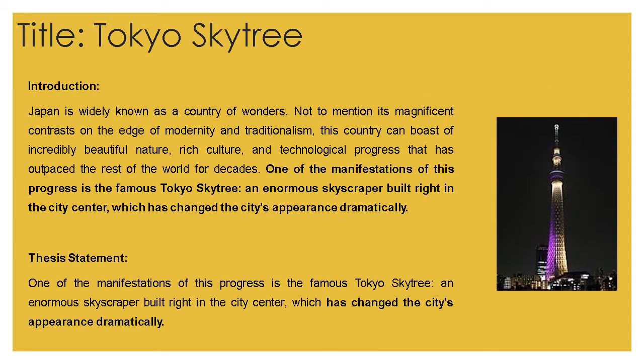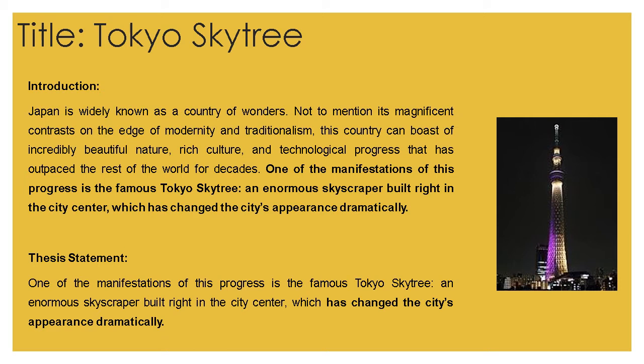The second example is about Tokyo Skytree. And the thesis statement is: one of the manifestations of this progress is the famous Tokyo Skytree, an enormous skyscraper built right in the city center which has changed the city appearance dramatically.